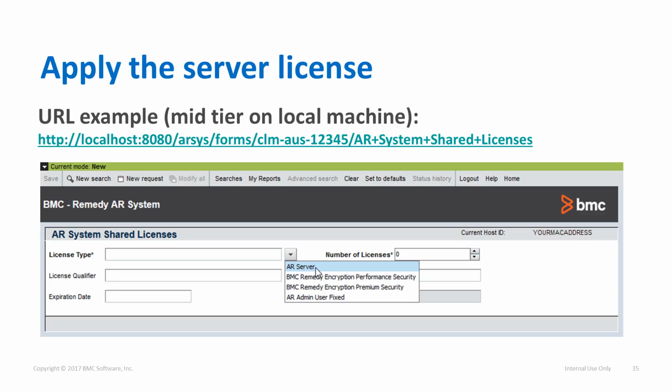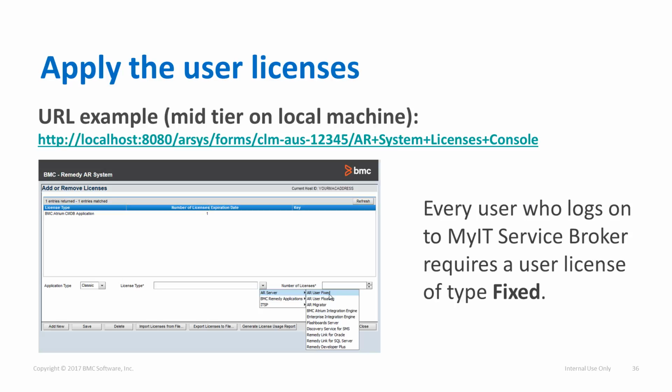To apply the server license, you go to the AR System Shared Licenses form and add one AR server license, which is the license key that you collected at the very beginning. To apply the user licenses, for 3.3, you only need a license for every user who you plan to have logged into MyIT Service Broker as a catalog administrator, an internal supplier, or an asset manager to work within the Service Broker interface.